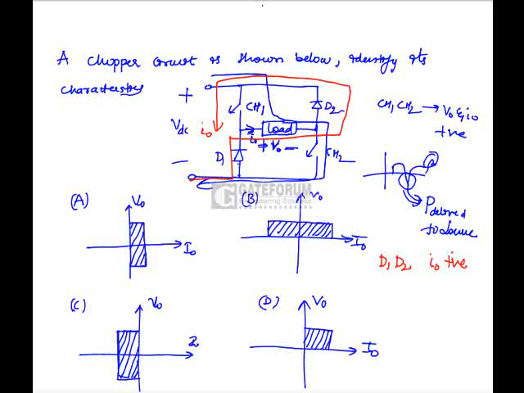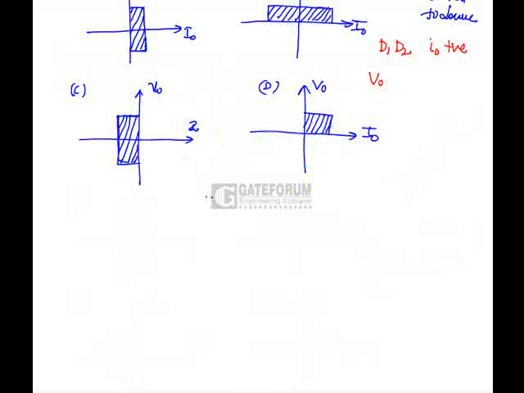But V0, we have to find V0. Let us draw this circuit again when diodes D1 and D2 are conducting. This is the load, plus minus V0.